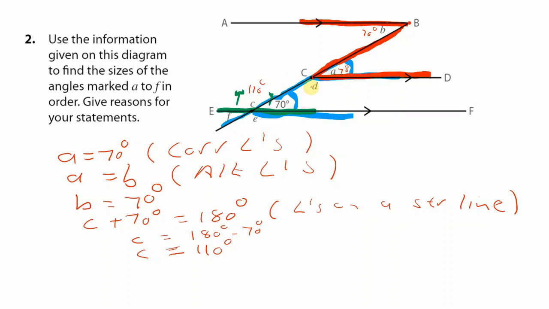So it could be angles on a straight line, or I think we also have a Z shape here. Let me show you the Z shape that I see. So I see this Z shape.